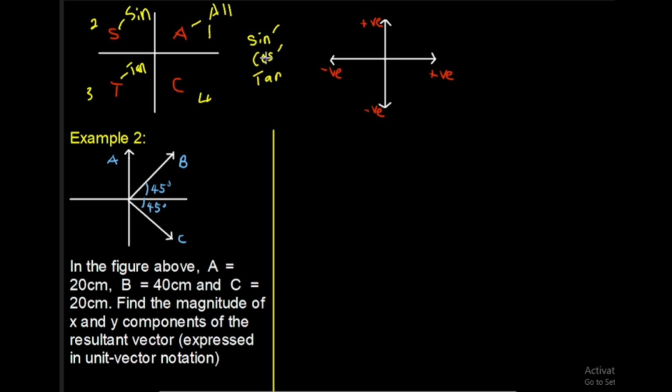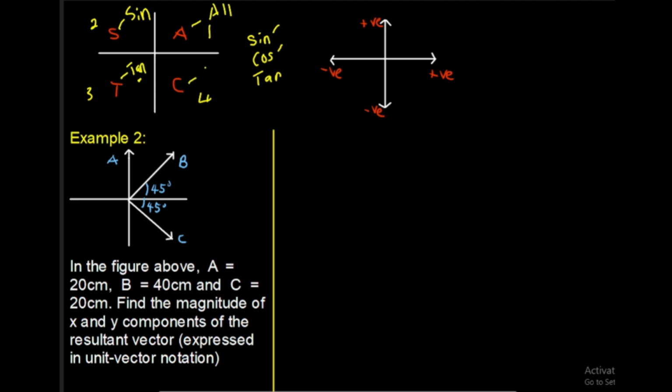If you're resolving horizontally, that's using cos, the vector is also going to be negative. And of course, we don't use tan to resolve vertically and horizontally. All right, that tells you that whether you're resolving vertically or horizontally in the third quadrant, your vector is going to be negative.